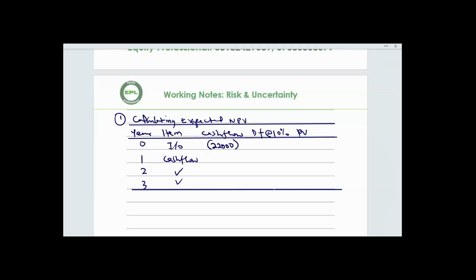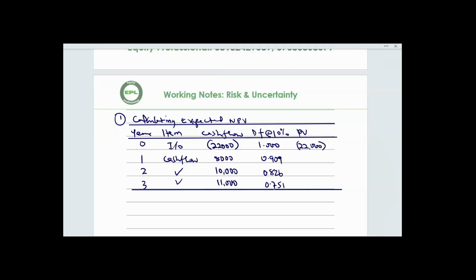Okay. Then expected value in year 1, we calculated 8,000. Year 2, 10,000. Year 3, 11,000. Discount factor for year 1 at 10%, 0.909, then 0.826, 0.751. Then we multiply to get the present value.